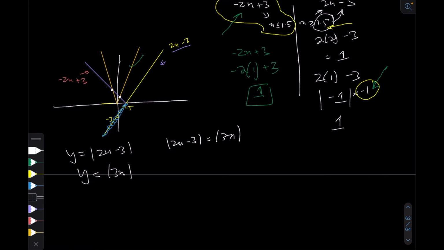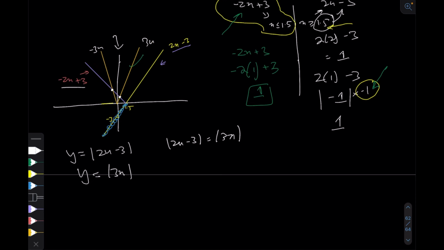There are a lot of ways to do this. You may be familiar with taking the plus and minus, but in my opinion, what's best is first having a rough sketch. Even if the question doesn't ask you to make a sketch, it's good to have one and then look at what lines you need to equate. So this is 3x and this is -3x.